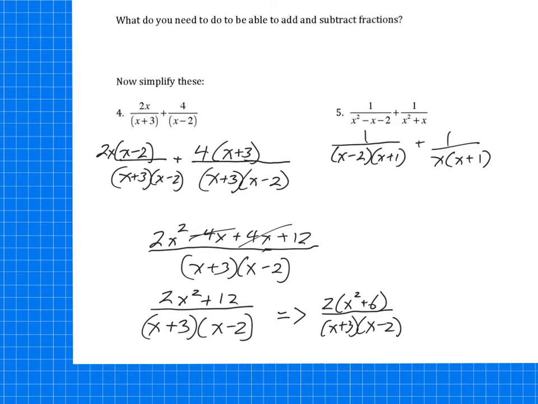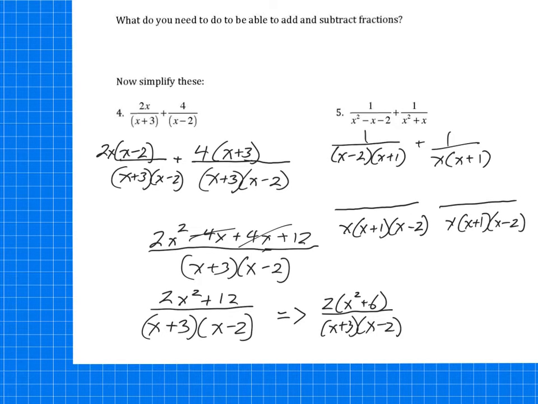So we want one of each in the greatest number, which is just 1. So now I can rewrite the LCD for both of them as x times x plus 1 times x minus 2. And again, x times x plus 1 times x minus 2.